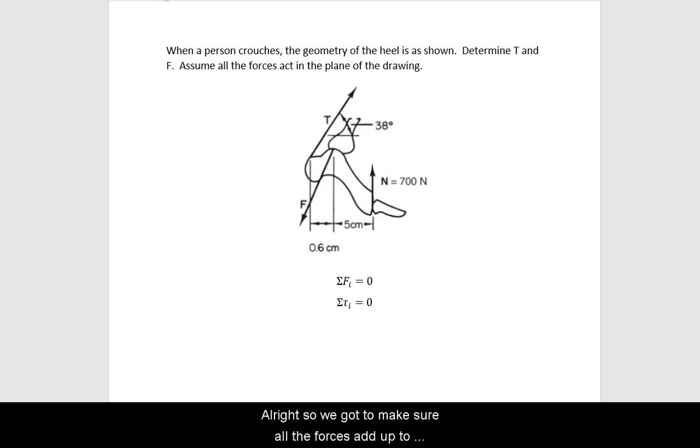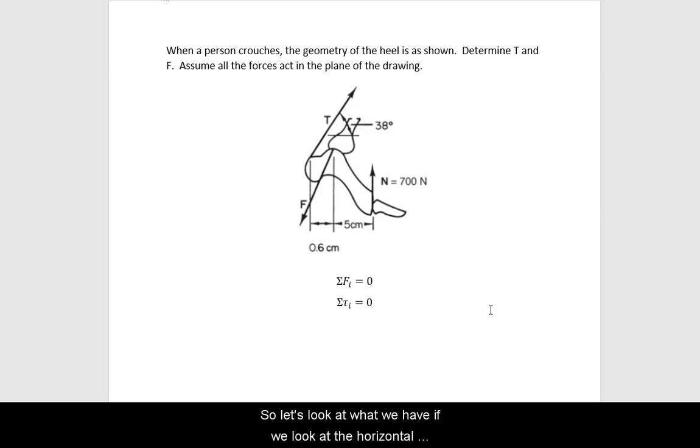All right, so we've got to make sure all the forces add up to nothing, and all the torques add up to nothing, because nothing is moving here. Torques would cause rotation, and non-zero forces would cause translation in one direction or another.